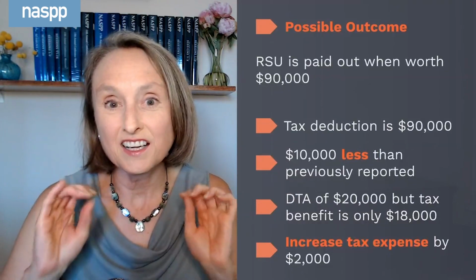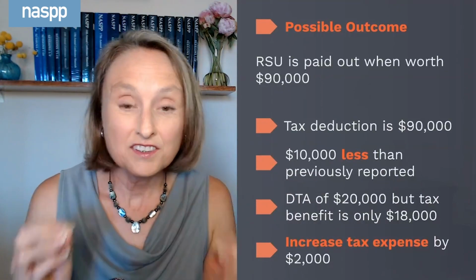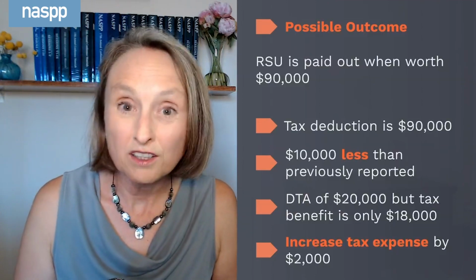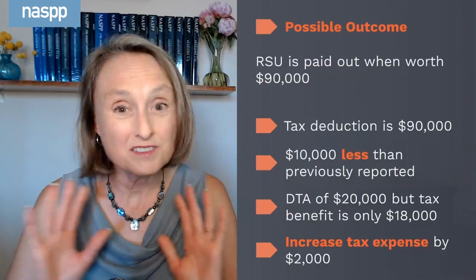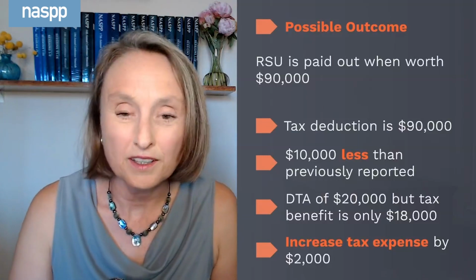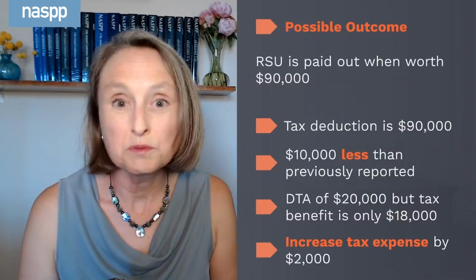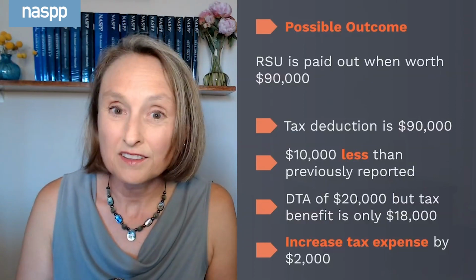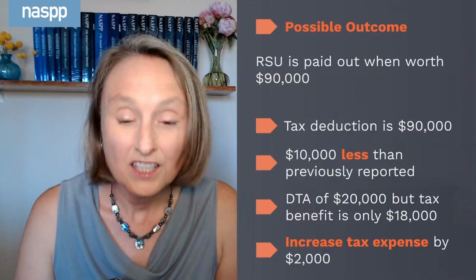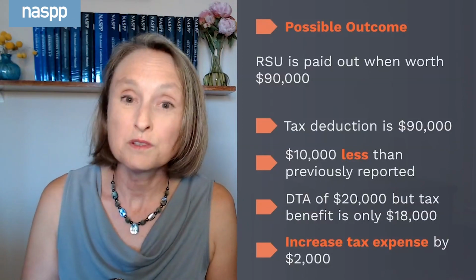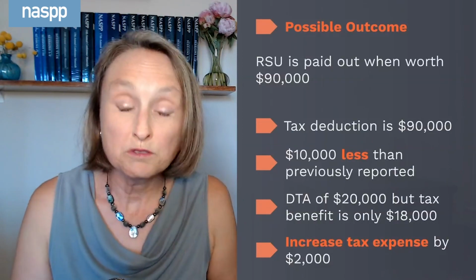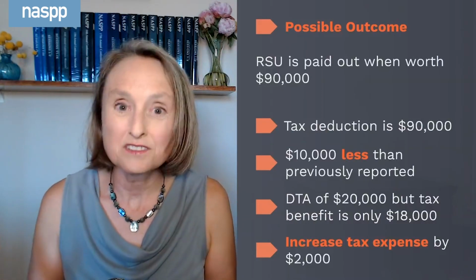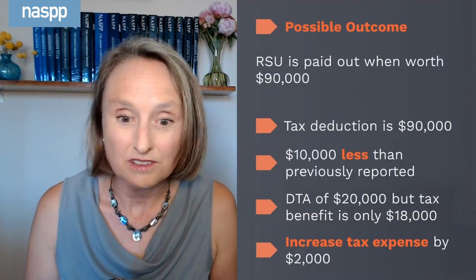Now let's consider a different scenario. In this scenario, the RSU is paid out when it is worth only $90,000. So this does not work out quite so well for us. We told our shareholders we were going to get a tax deduction of $100,000, but it turned out we only got a tax deduction of $90,000, $10,000 less than what we said we were going to get. We recorded a DTA of $20,000, but our tax benefit turns out to only be $18,000.